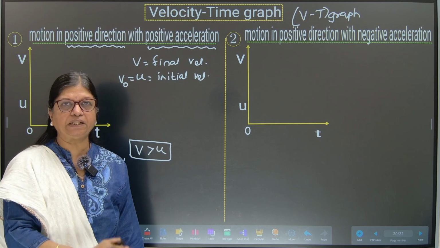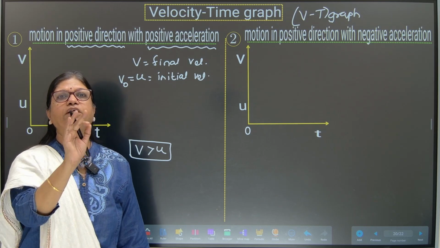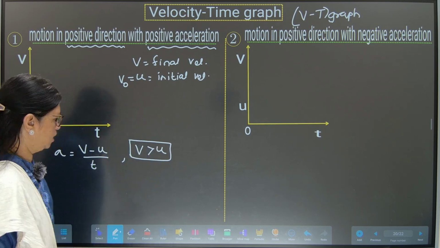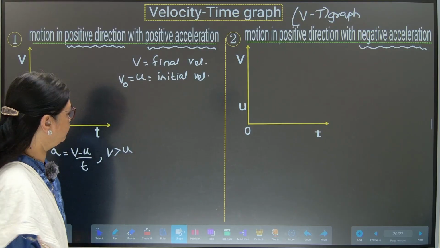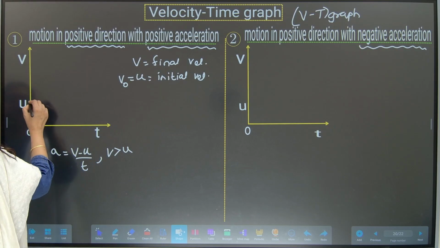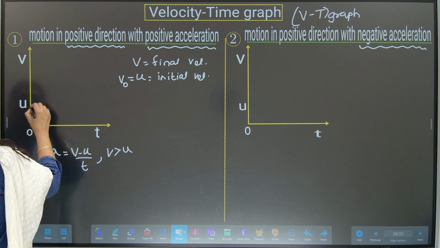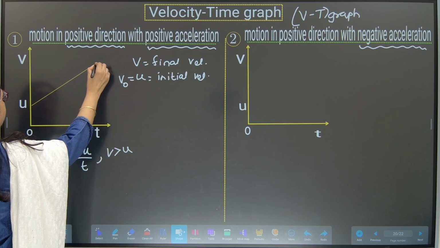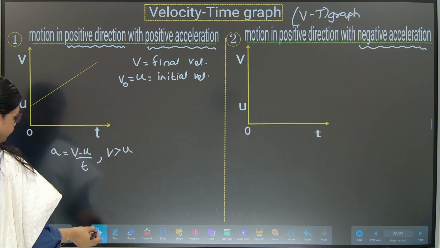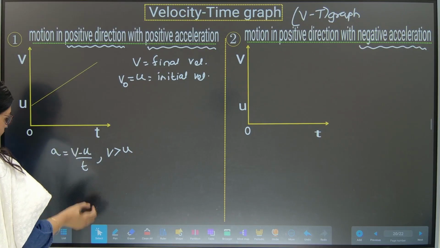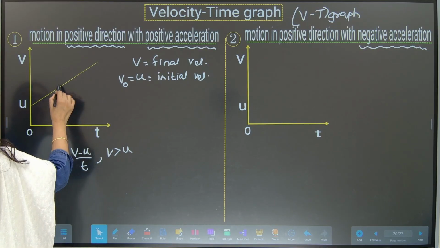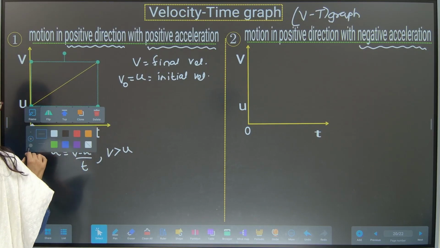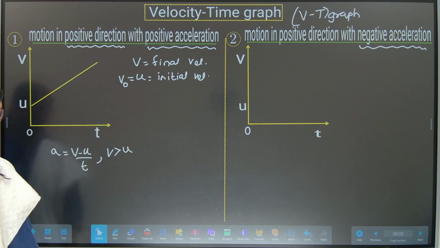And in the present condition, our body is moving in the forward direction. So now for the given conditions, let us plot a graph of V greater than U, so that we can understand how to draw the graph.